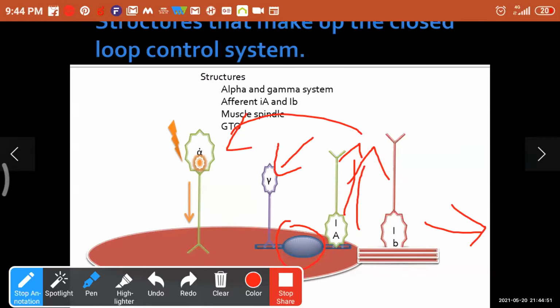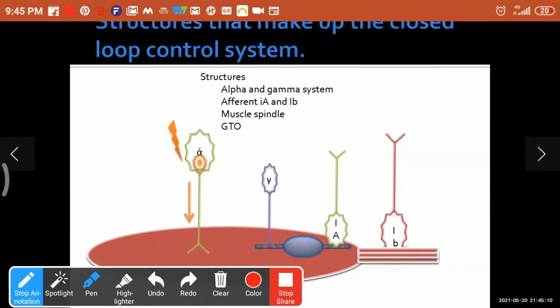So basically what happens here is either the muscle spindle or the muscle, if you're stretching it, will produce a contraction of the muscle. Sir, whenever the muscle is lengthening or shortening, whatever the length change is, it will be carried through the type 1A fibers. It is not only the lengthening, it is also shortening.